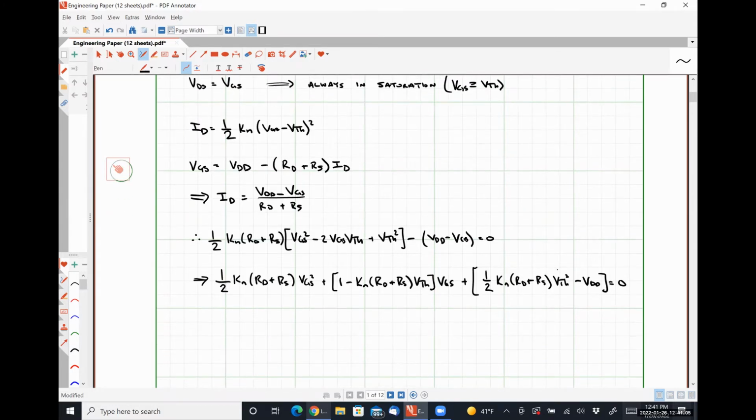The second solution is VGS is equal to VTH minus 1 over Kn RD plus RS, plus the square root of 1 over Kn RD plus RS quantity squared, plus twice VDD minus VTH, all over Kn RD plus RS.